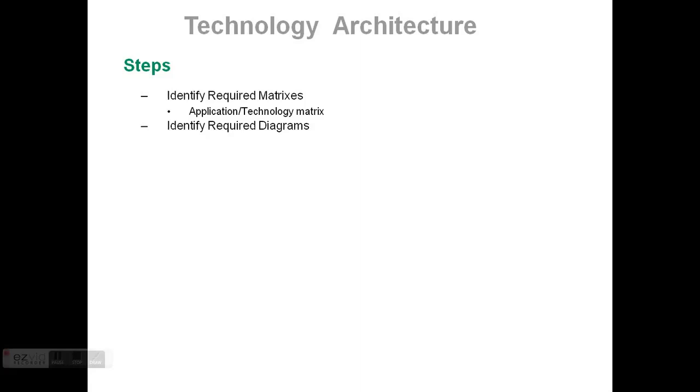Next minor step in this step is to identify the required diagrams. What kind of diagrams do we want to produce in terms of our design artifacts. Diagrams present the technology architecture information from a set of different perspectives or viewpoints.